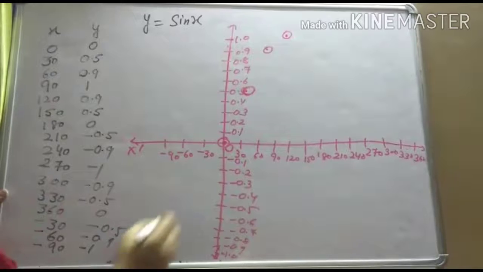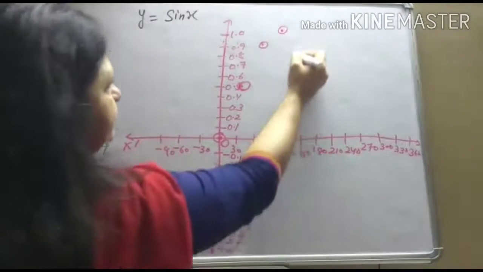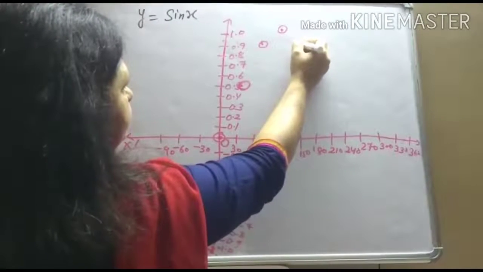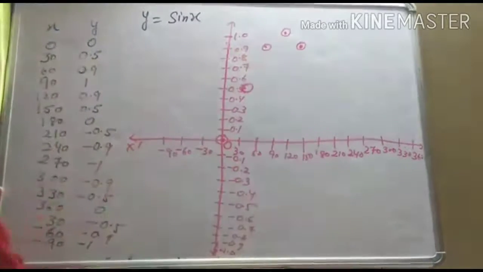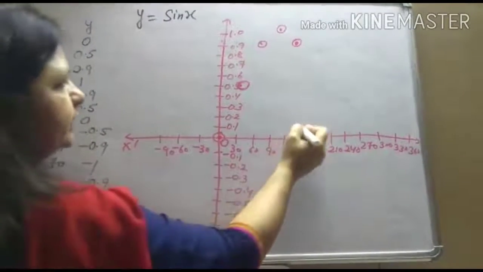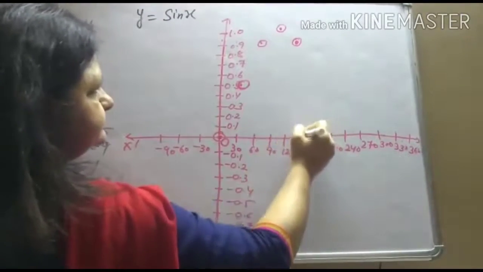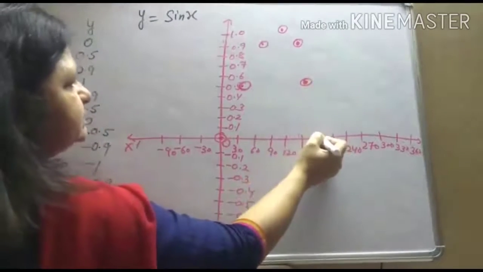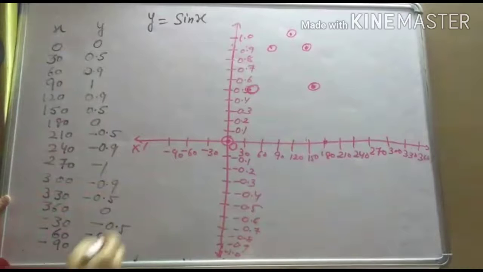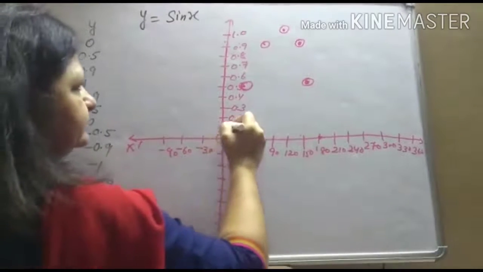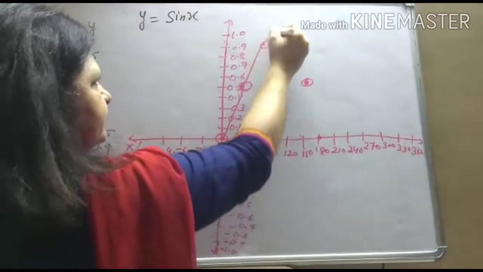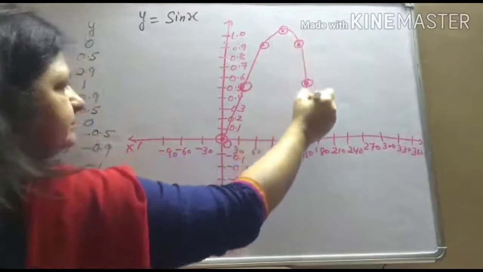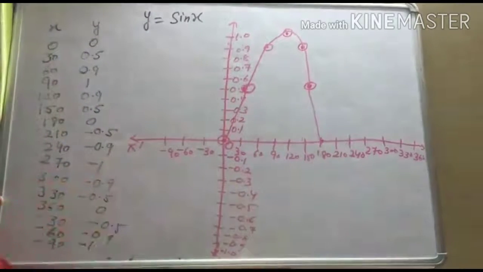Now 120 is 0.9. 150 is 0.5. Then 180 is 0. Now we can join them. Join these points by freehand.